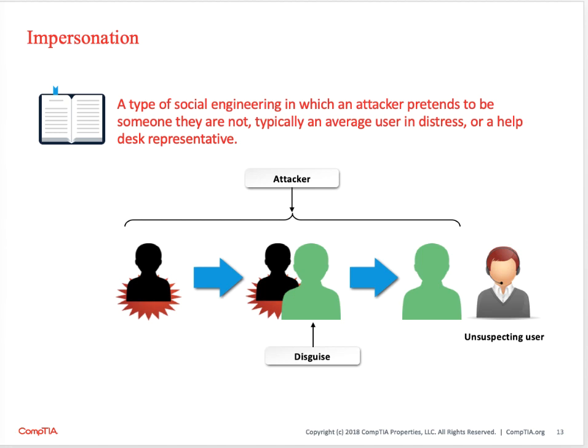All right, so impersonation. This is going to be a human-based attack. It's a type of social engineering in which an attacker pretends to be someone they're not, typically an average user in distress or a help desk representative.